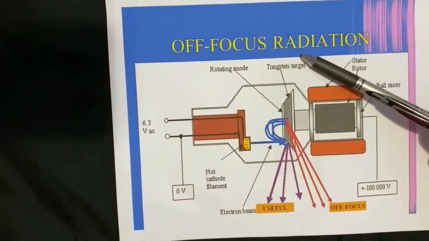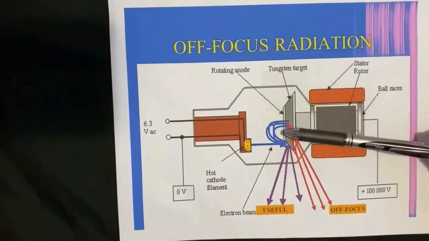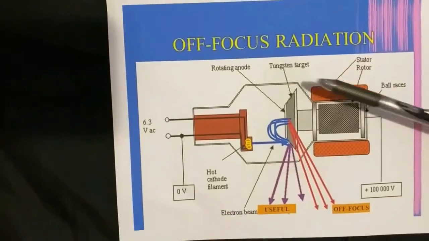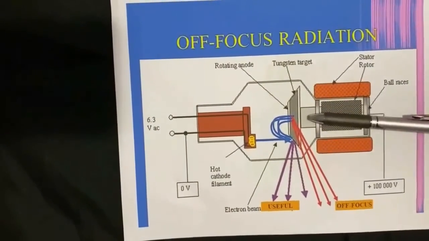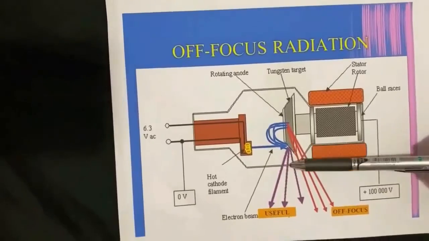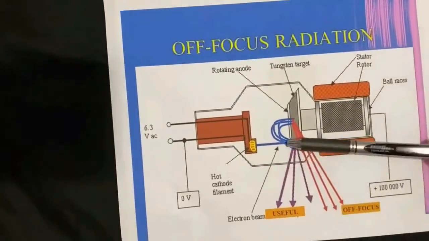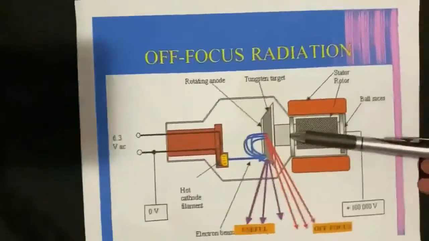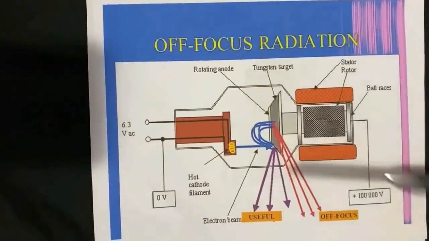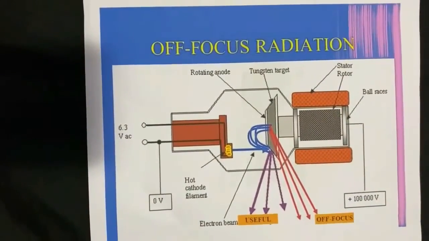Then the electron that was released from ionization has the same interaction with another tungsten atom, which creates another X-ray. This secondary X-ray is called extrafocal radiation. When the primary beam hits the target, the off-focus radiation will cause scatter, thus producing an unclear image.